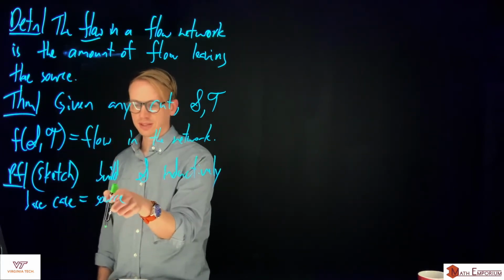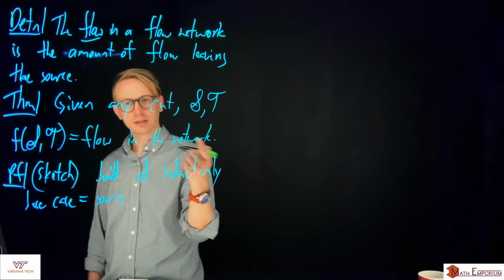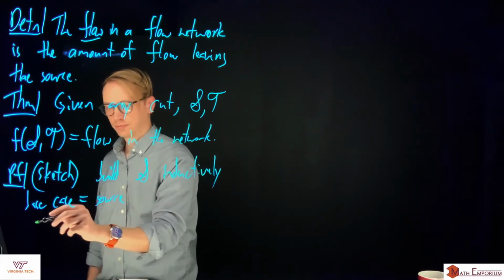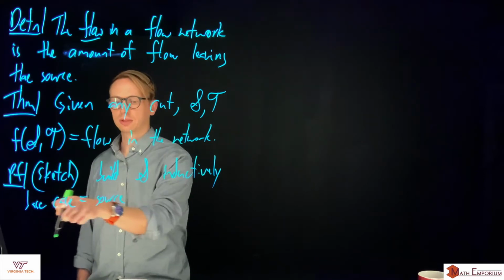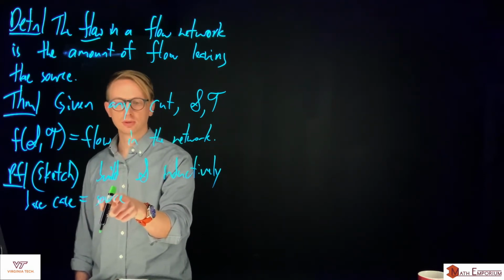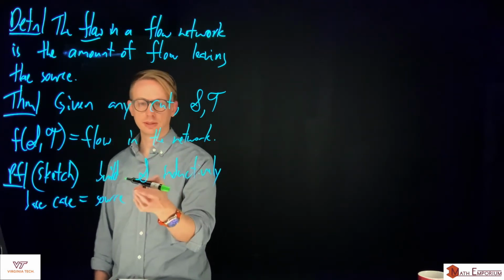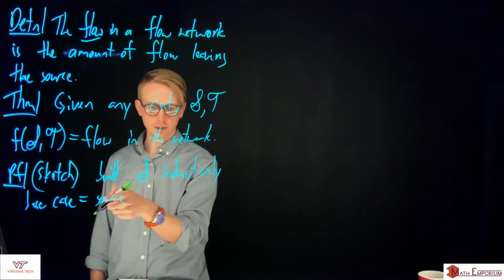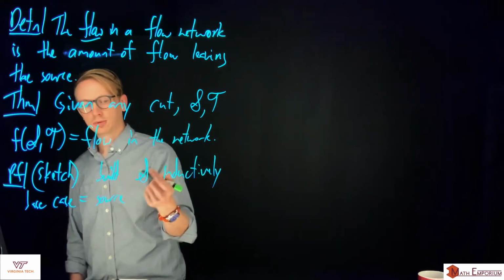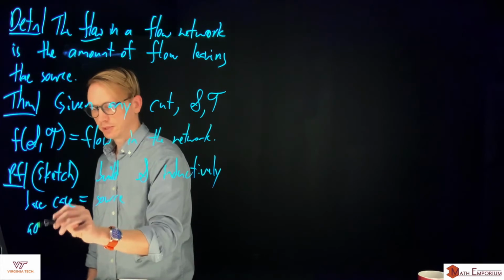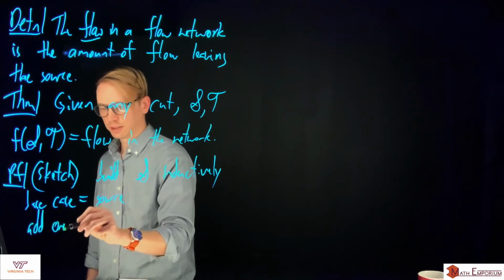So you take your base case, which is the source, and you add a node. First of all, this is true by assumption, right? The flow coming out of a source is going to be exactly the flow across this preliminary cut. And then you keep building. So you add vertices, one node at a time.